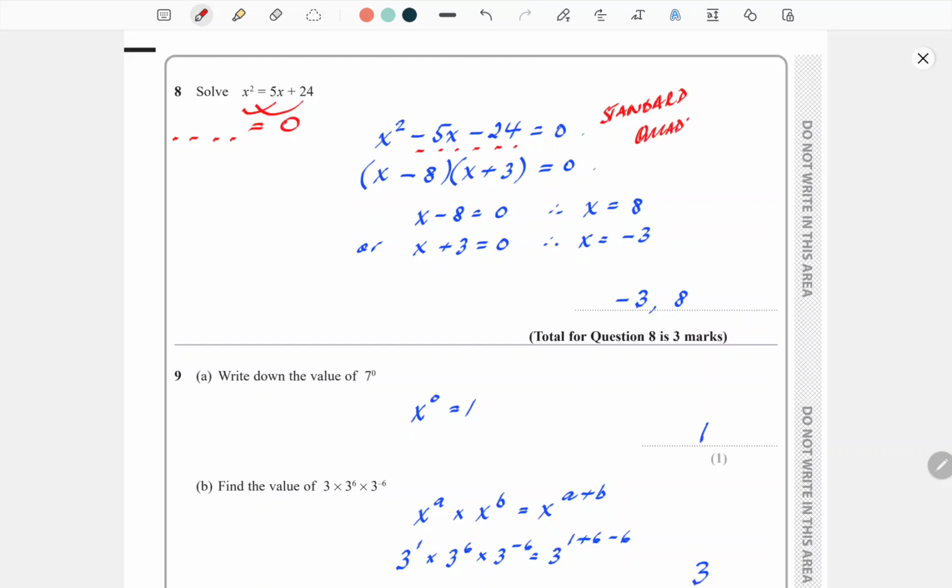Then it's a question of factorizing. In order to factorize it into those two brackets, what you want is two numbers which multiply to minus 24 and add to minus 5.